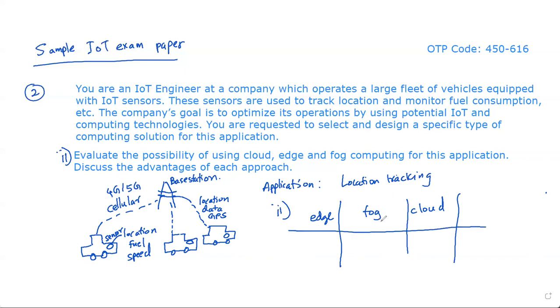So in this question, basically we are asking what are the advantages of these types of computing approaches. So what is the main advantage of edge computing? Can you answer?